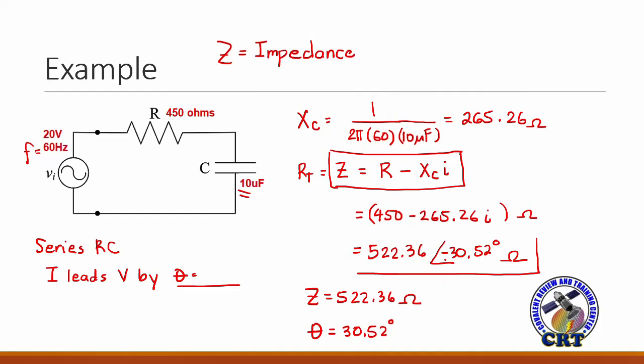The negative here means capacitive circuit, or I leads the voltage. Okay? So this is our answer for this circuit. So we can put 30.52 degrees here. The negative sign corresponds to capacitive circuit, or more capacitive.